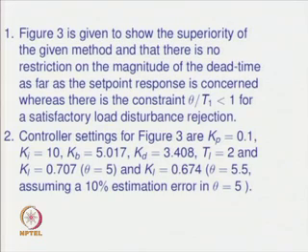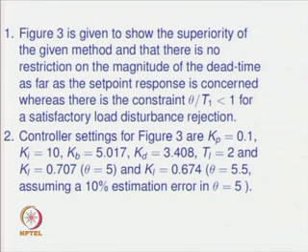Now, another figure is shown here. The description about the figure let me give now. Another figure is given to show the superiority of the given method and that there is no restriction on the magnitude of dead time as far as the set point response is concerned, whereas there is the constraint theta divided by T1 less than 1 for a satisfactory load disturbance rejection.